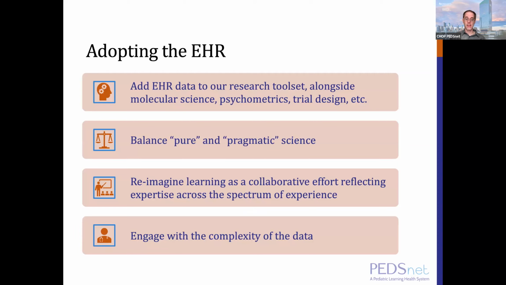I also mentioned that it's important to reimagine the way we do research and the way we learn as a collaborative effort that reflects everybody along the spectrum of care, from the patient to the provider at the point of care, to the healthcare institution, to the researcher who is testing hypotheses. And finally, what I'd say is, particularly in the secondary use context, but really across the delivery of care, it's important to engage with the complexity of the data.